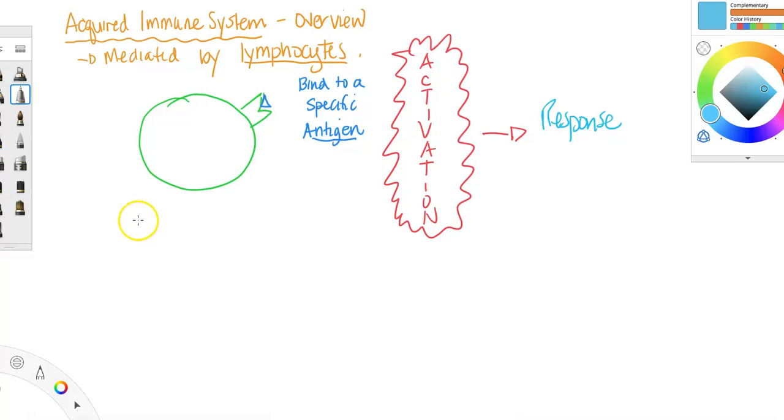Okay, so there are two types of lymphocytes. So there are B lymphocytes and there are T lymphocytes.